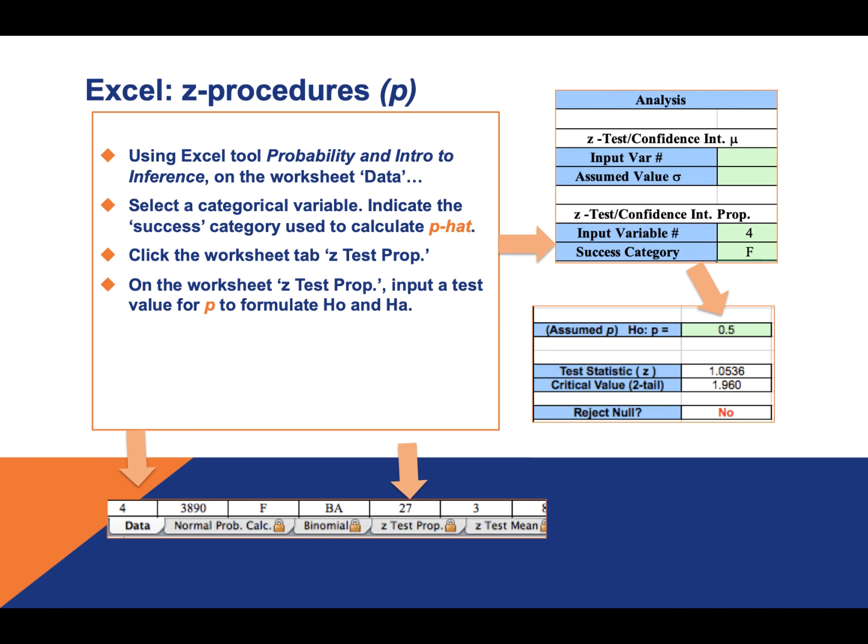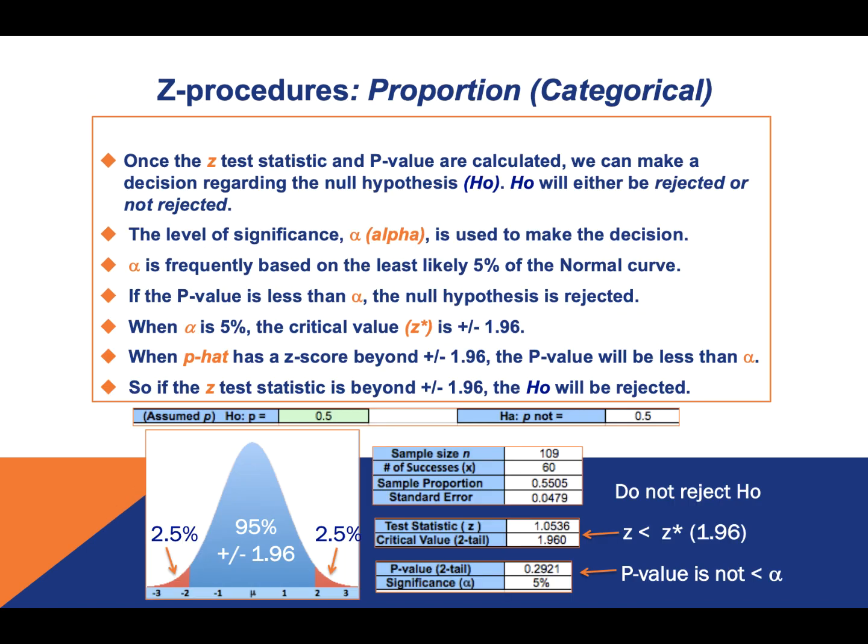Next, on the Worksheet tab z-test for proportion, we would input a test value for that assumed value of p, here 0.5. Once the z-test statistic and p-value are calculated, we could make a decision regarding the null hypothesis.